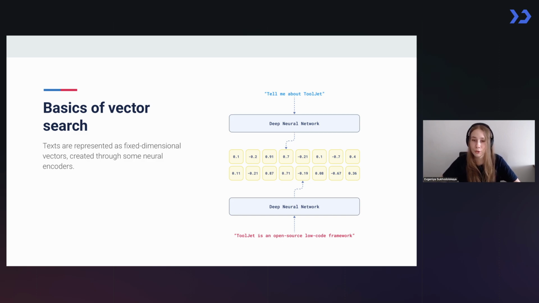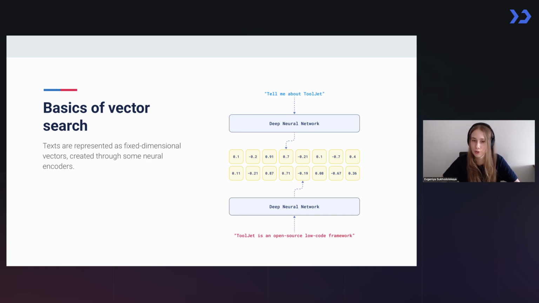And these embedding models convert all the information, not necessarily text, to this vector representation, which has one very specific feature, which allows us to do a search. So all of the information, which is semantically close by meaning, is going to be produced and represented as similar vectors.